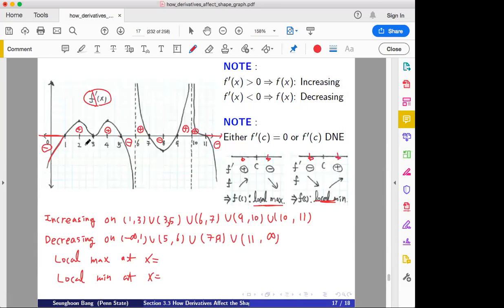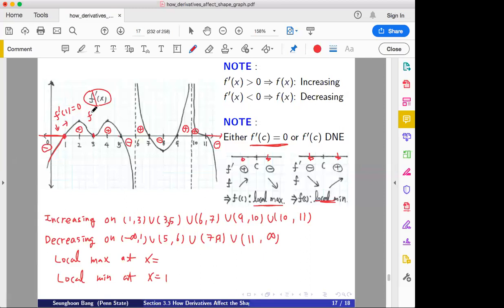This is the idea. From here, what is the sign? Here, f prime of 1 equals 0. So the sign changed from negative to positive. The graph is decreasing and increasing. We have a local minimum at 1. What about 3?